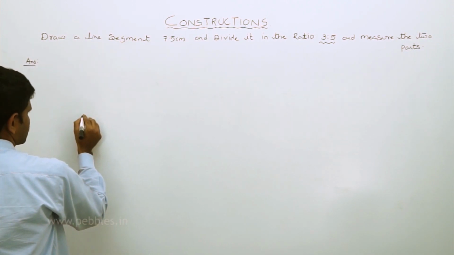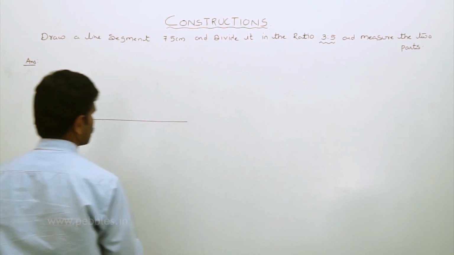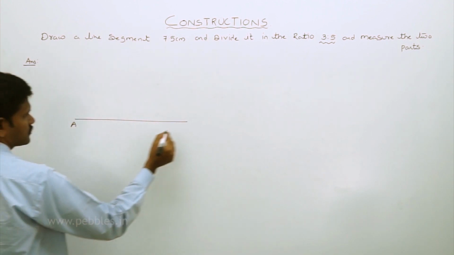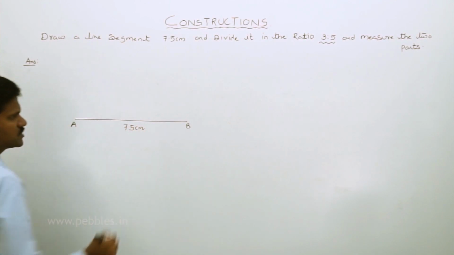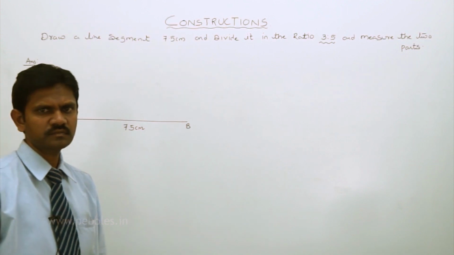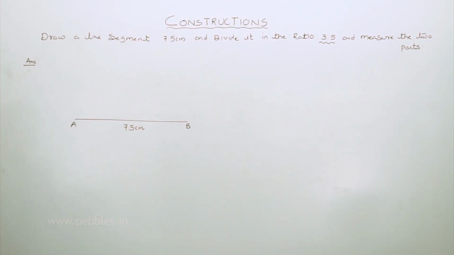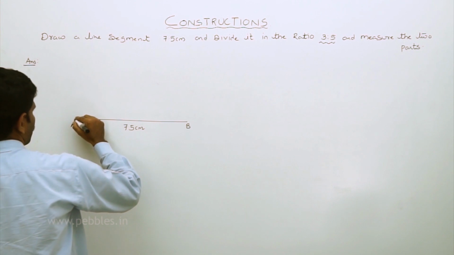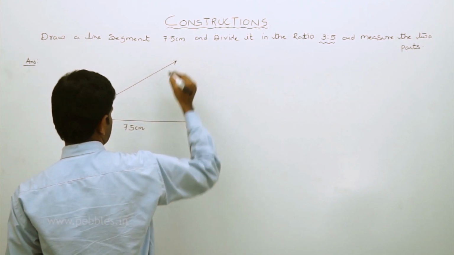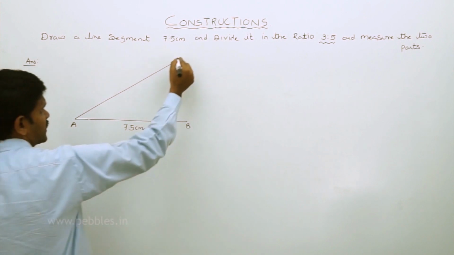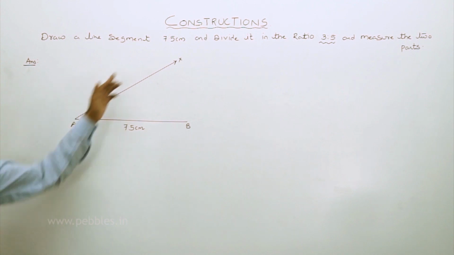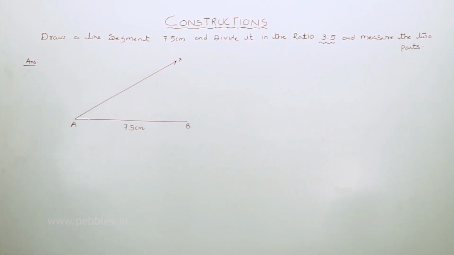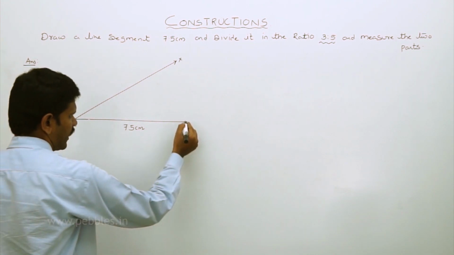Draw a line segment AB equal to 7.5 centimeters and draw acute angle BAX. Similarly, draw an acute angle ABY.